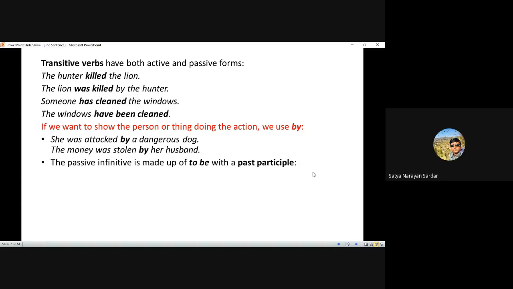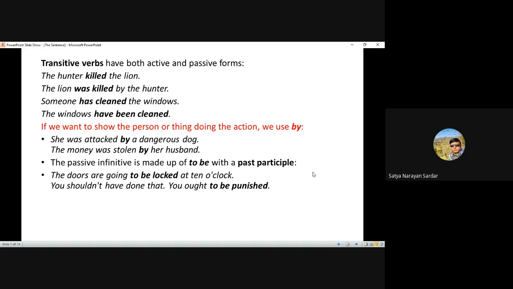The passive infinitive is made up of to be with a past participle, verb 3. The doors are going to be locked at 10 o'clock. You shouldn't have done that. You ought to be punished.